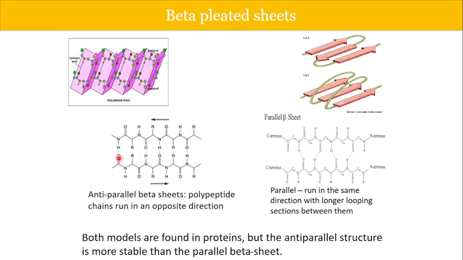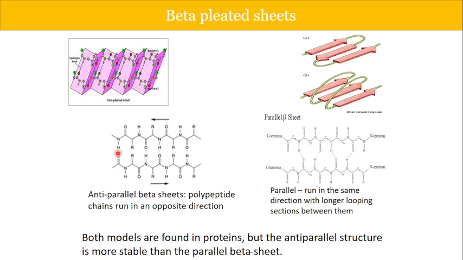So these are aligned in a very proper manner. The alignment is so good that it determines the strength of the bond. So this is adding to the stability of your anti-parallel beta sheets.